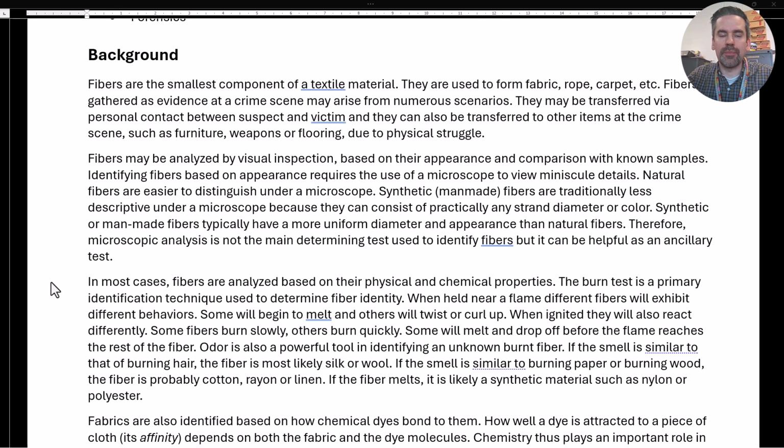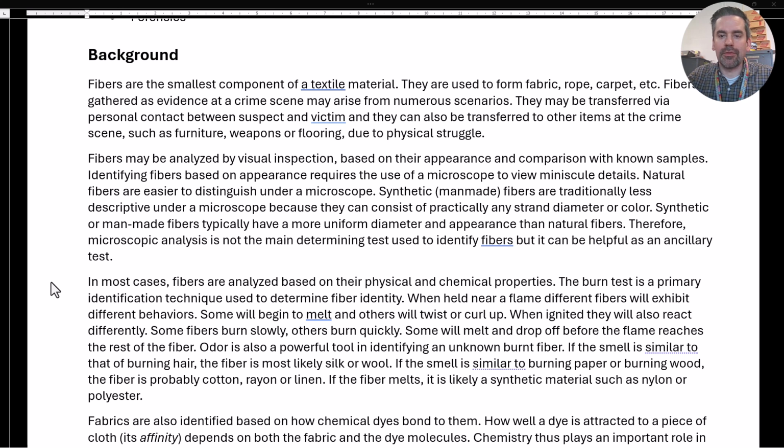Fibers may be analyzed by visual inspection based on their appearance and comparison with known samples. Identifying fibers based on appearance requires the use of a microscope to view minuscule details. Natural fibers are easier to distinguish under a microscope.